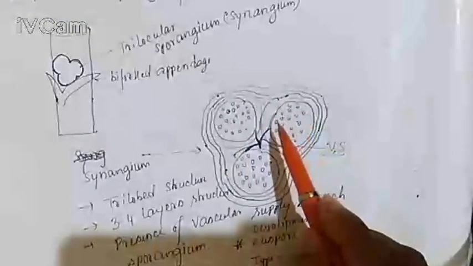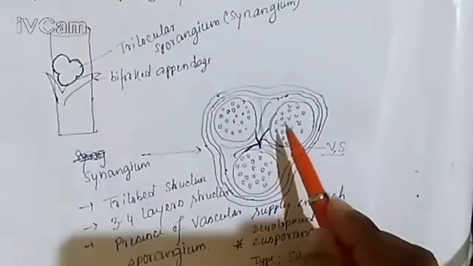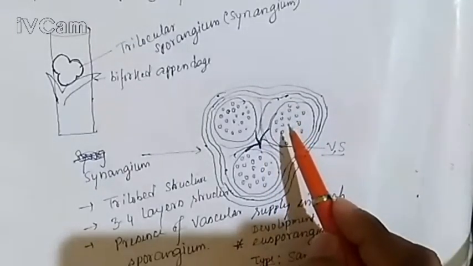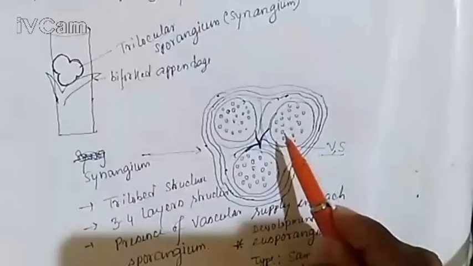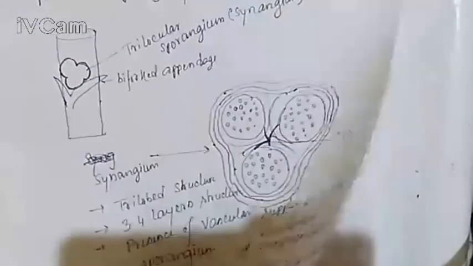So you can't simply say it is single. There are different opinions regarding the structure of Psilotum, and these opinions are called the morphological nature of the spore-bearing organ. Now I discuss the next portion, which is the controversial part.